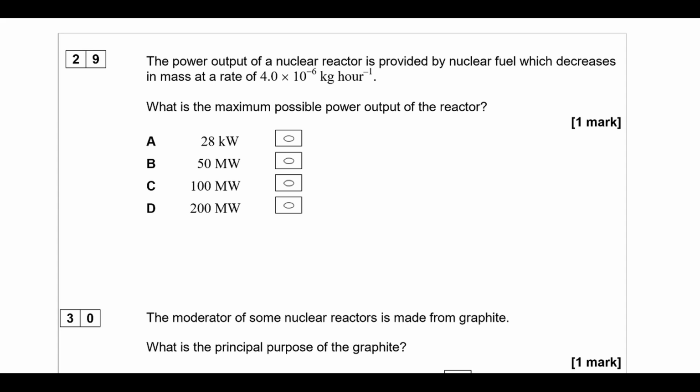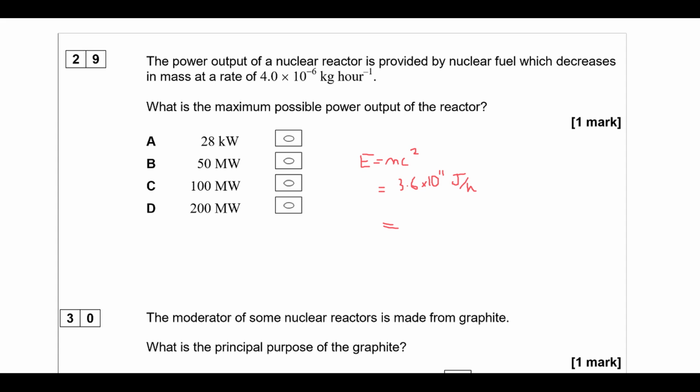Okay, so if the mass is decreasing, we're creating a bigger and bigger mass defect, so we can use this old equation here to work out how much energy we're going to be able to release. So we can put in 4 × 10⁻⁶ times 3 × 10⁸ squared, which gives you 3.6 × 10¹¹ joules per hour.